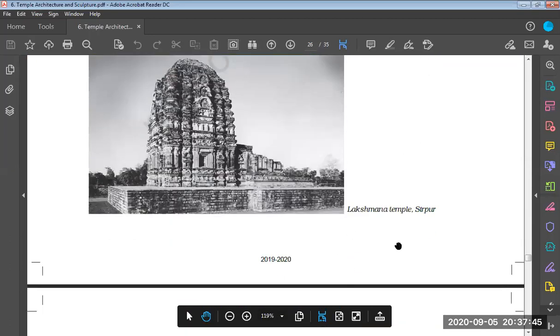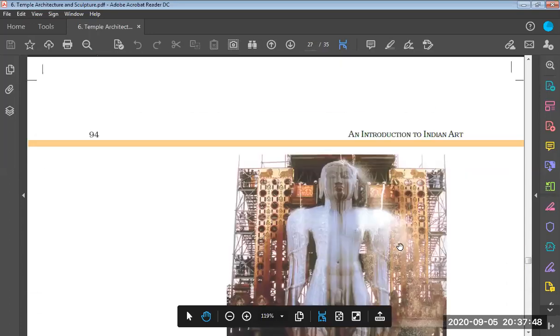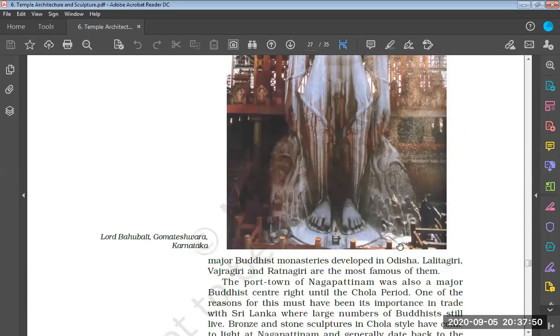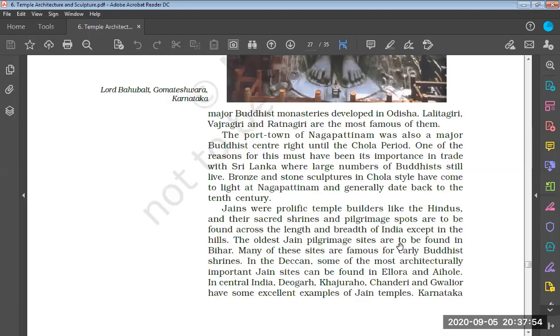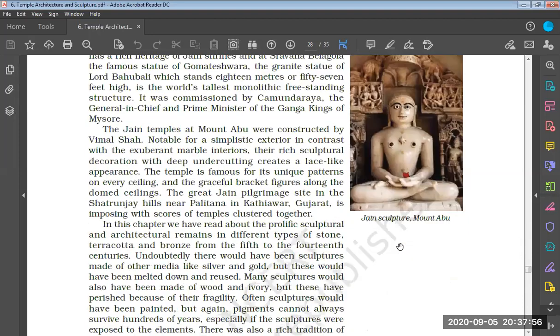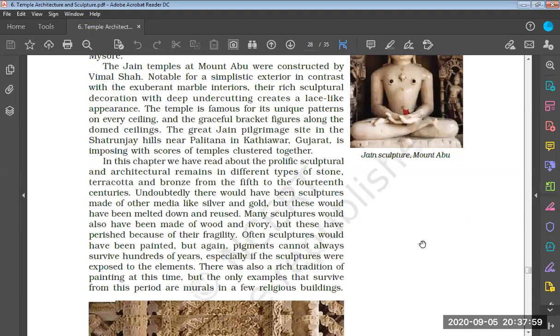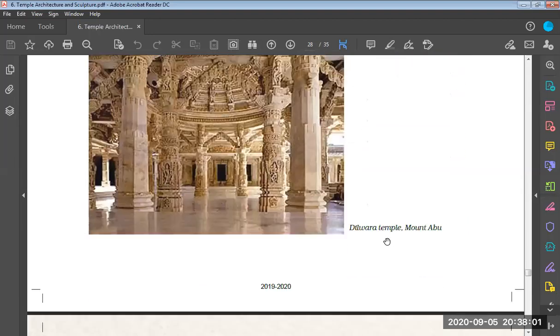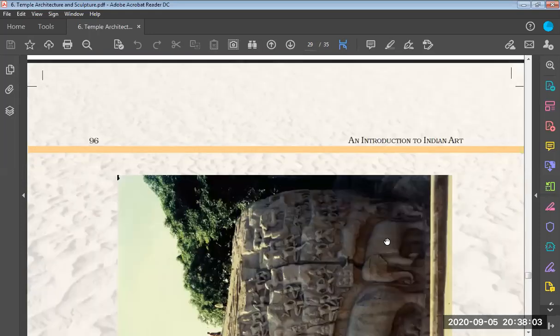The Lakshmana temple at Sirpur. Then Lord Bahubali, Gomateshwara, Karnataka. Jain sculpture at Mount Abu, then the Bilwara temple at Mount Abu.